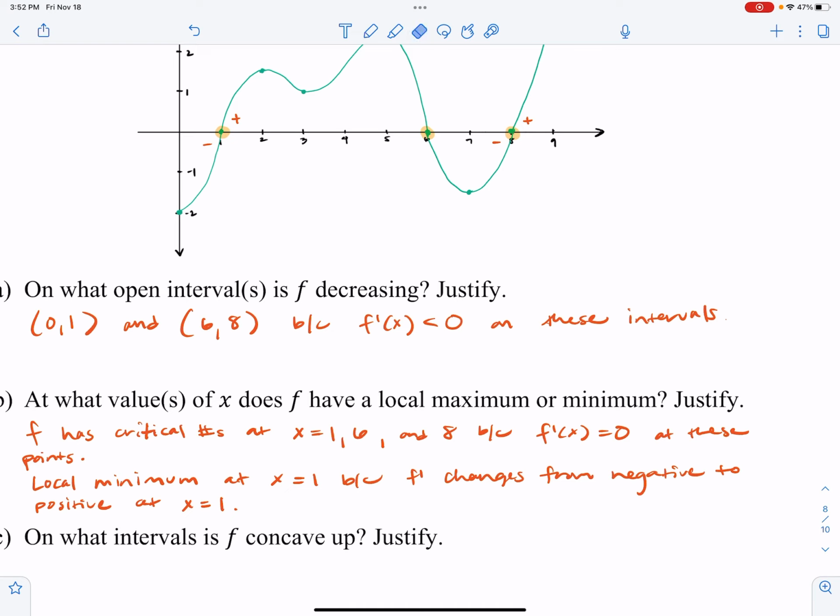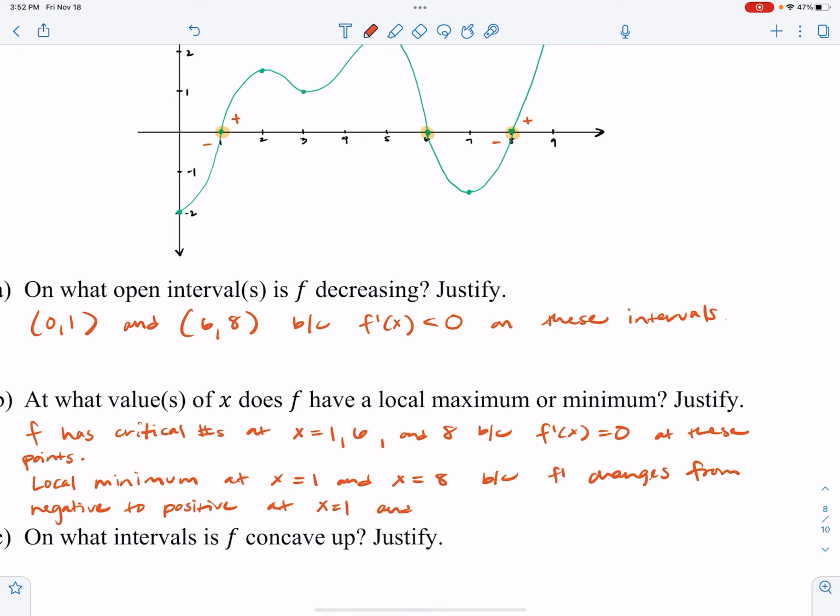Let's say there's a local minimum at x equals 1 and x equals 8 because f prime changes from negative to positive. We can just restate that, at x equals 1 and x equals 8, or at those points.